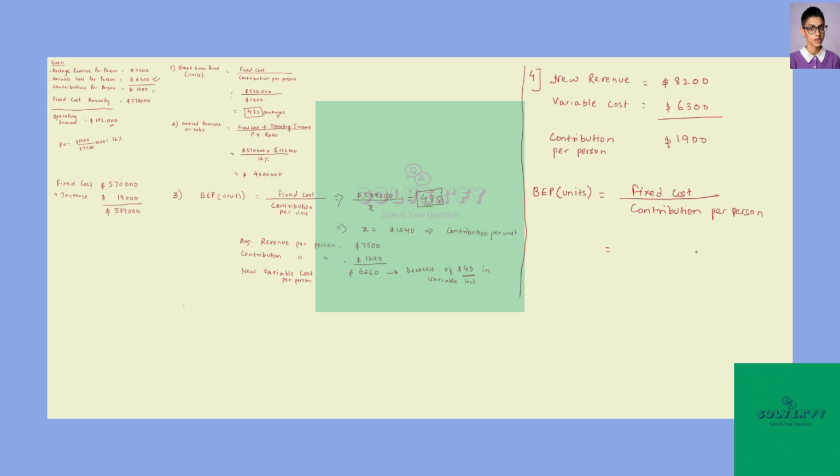So 570,000 is the fixed cost given in the question, and the new contribution we have calculated to be $1,900. So this will give us 300 packages. So if the sales revenue is increased to $8,200, then the new break-even point will lower down from 475 packages to 300 packages.